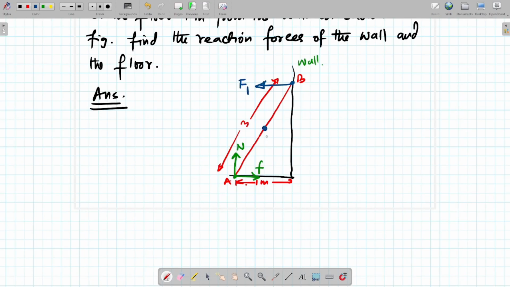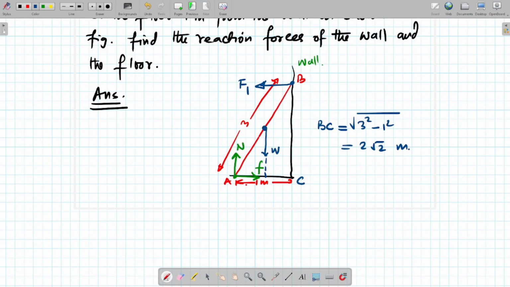So this will be your W, weight of the ladder. So if we say AB and this is the point C, so what would be BC? Can you tell me? So it is root of 3 square minus 1 square, which is 2 root 2 meter. So BC is known, yes or no?